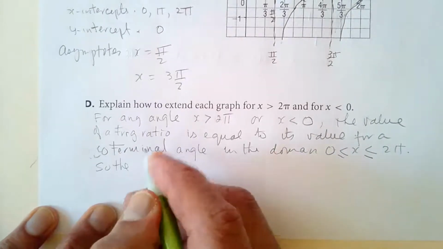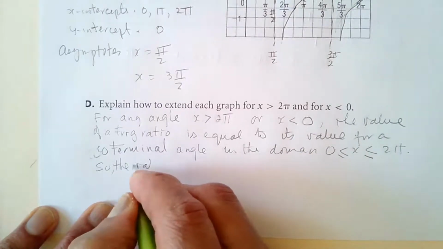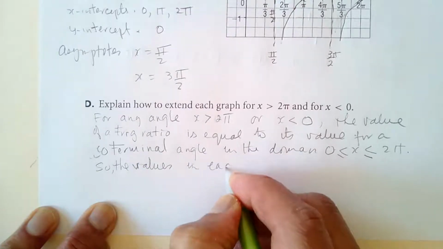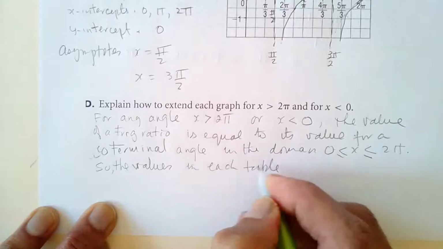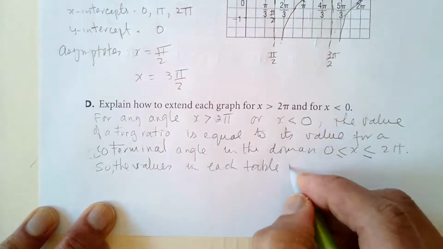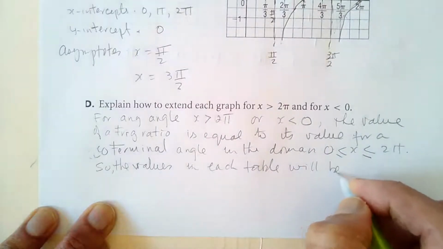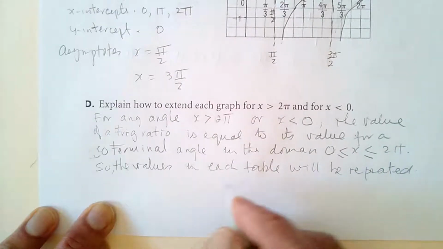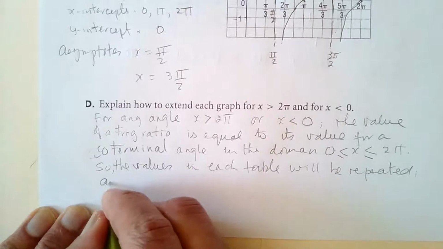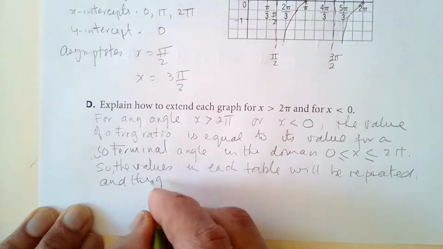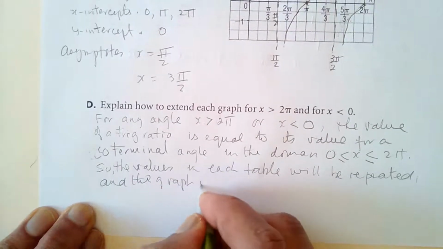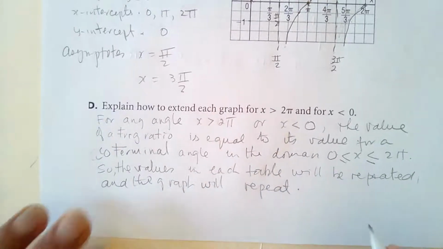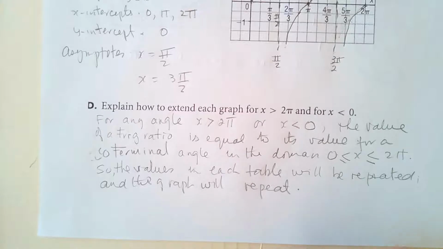So the values in each table will be repeated. And the graph will repeat, right? And the graph will repeat. Okay.